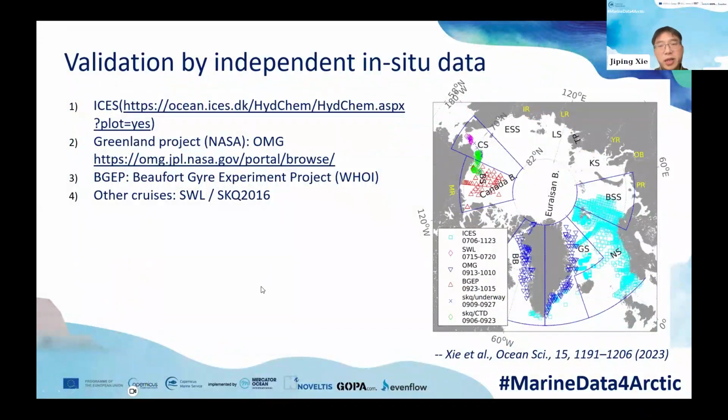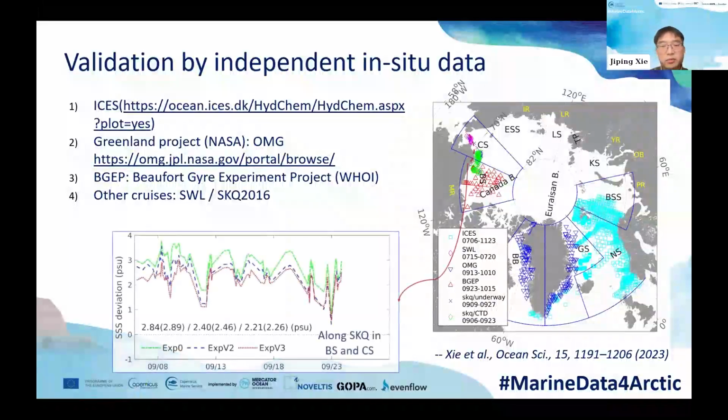In this case, we also use independent profiles to validate our results. We try to collect all the independent valuable data during the experiment time period. This panel shows three lines.